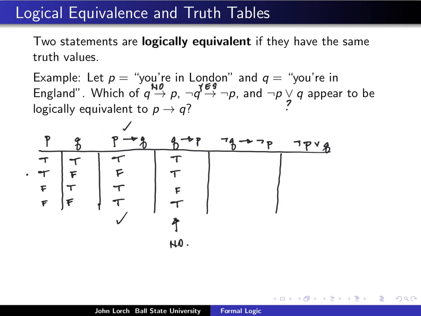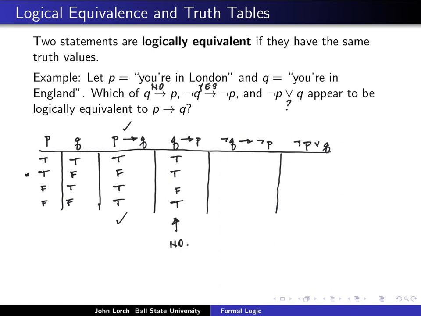All right, now we have this next statement, if not Q, then not P. So remember, that's a conditional statement, and the only way it can be false is if not Q is true and not P is false. So not Q being true and not P being false would only happen in this second row, right?